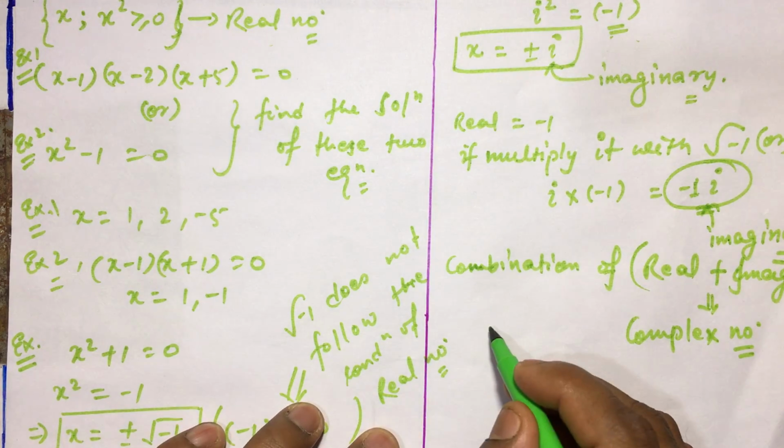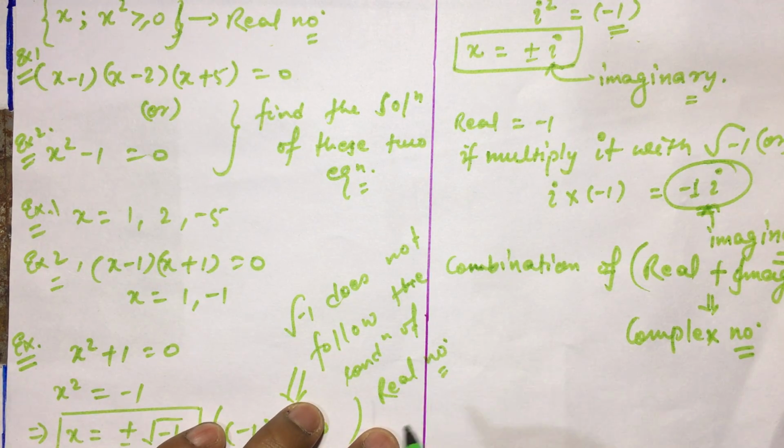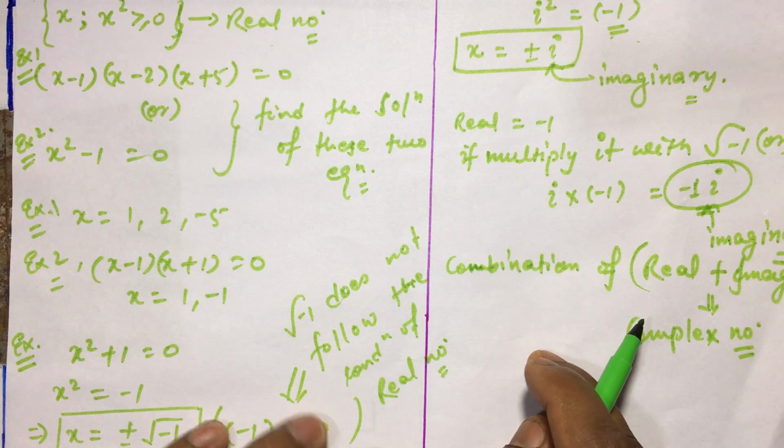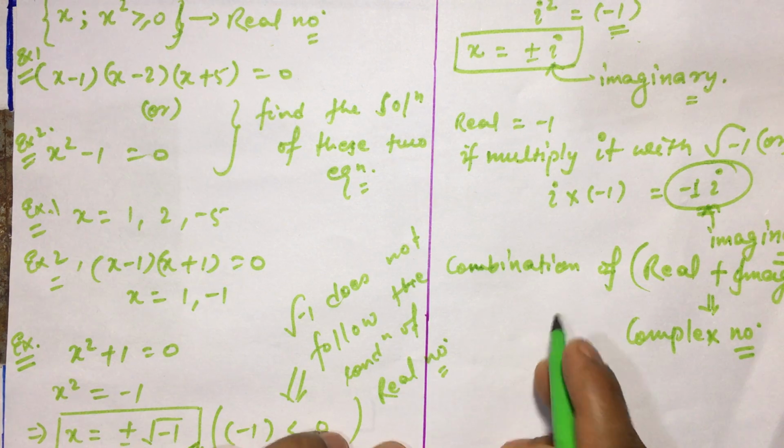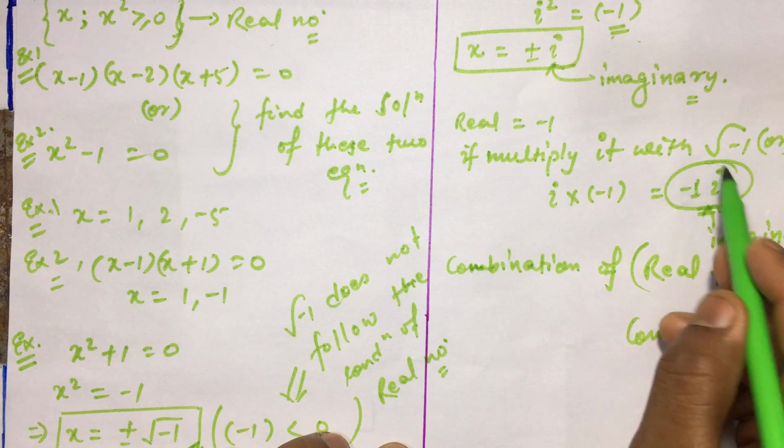So what we said is that a real number is any number which, when squared, gives a value greater than or equal to 0, and an imaginary number should be in this format.